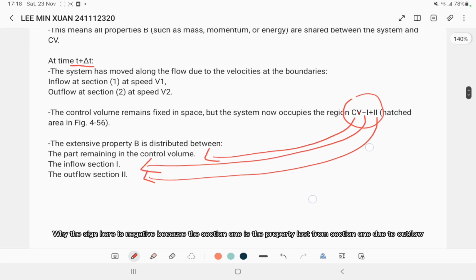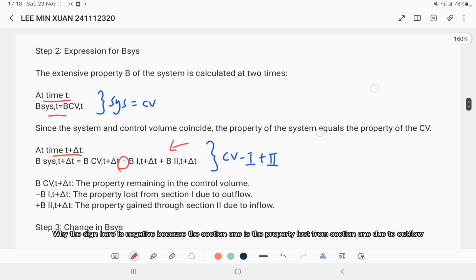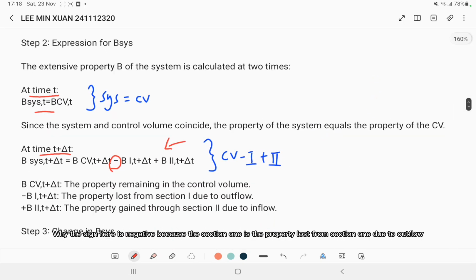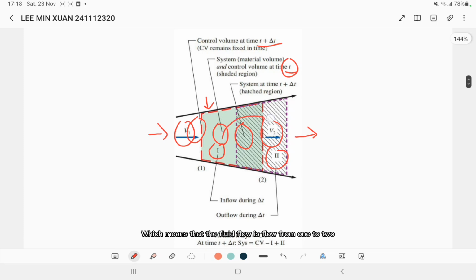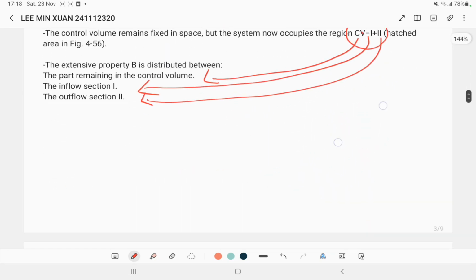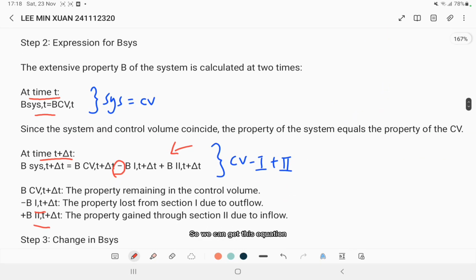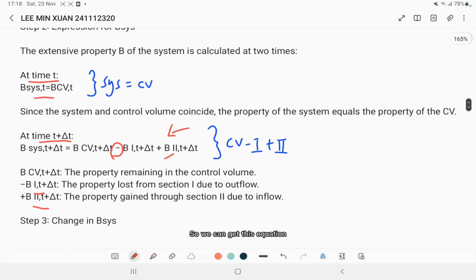Because at section 1, the property is lost from section 1 due to outflow, while at section 2, the property is gained through section 2 due to inflow, which means that the fluid flows from 1 to 2. So we have to minus section 1, then plus section 2. So we can get this equation.